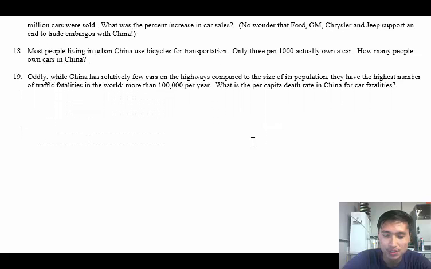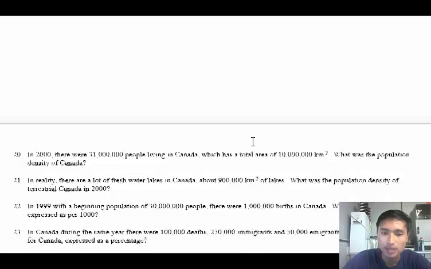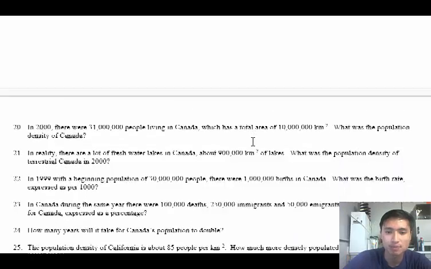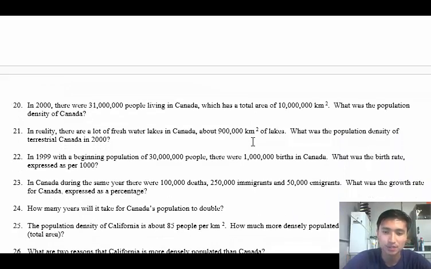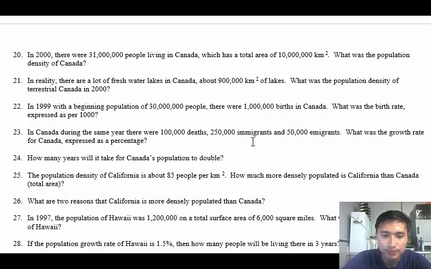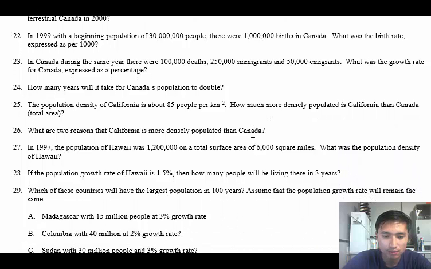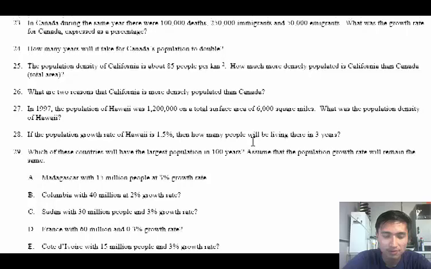Some ask for reasons, okay? Some ask for reasons why one country would be interested in its doubling rate, okay? So you have to think of reasons that would be specific to maybe a developing country, an undeveloped country, or a developed country. Everything else seems to kind of reinforce what we've done so far.